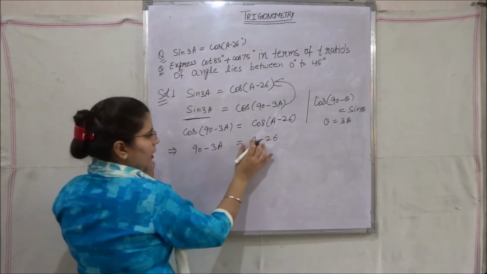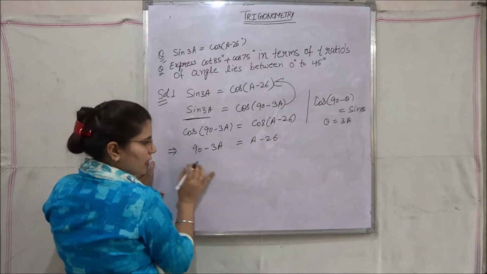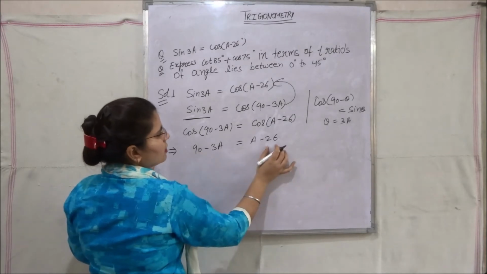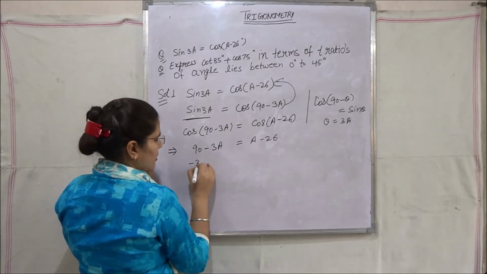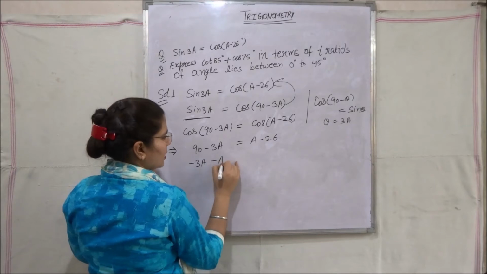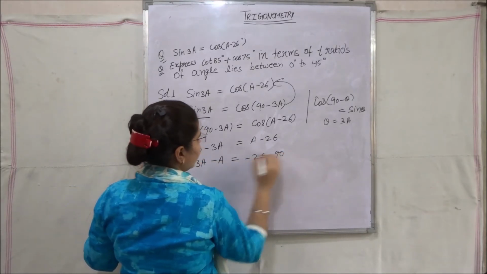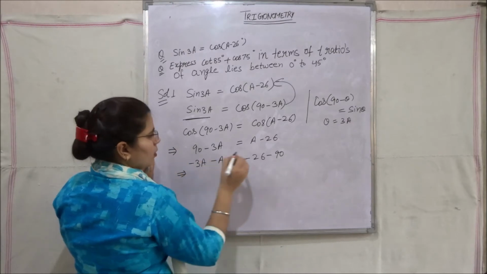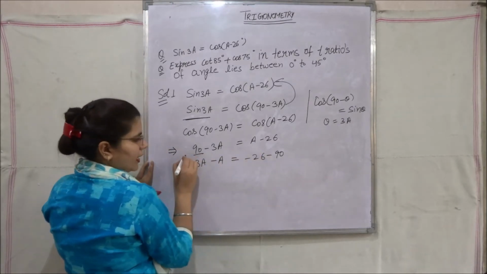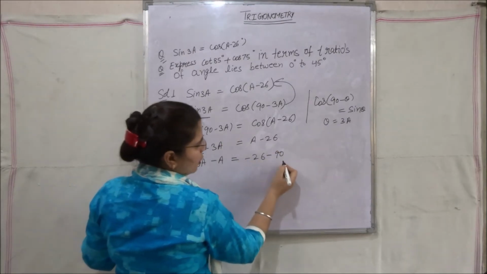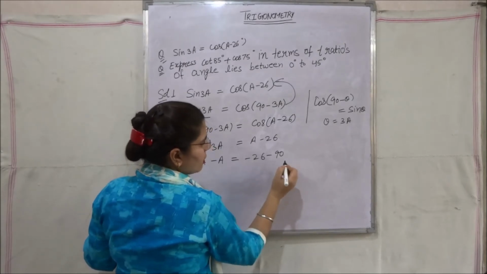Now taking A terms on the left hand side and the constant term on the right hand side. So minus 3A minus A equal to minus 26 minus 90. Because here 90 was positive, whenever we take it to the right hand side, 90 will be negative.